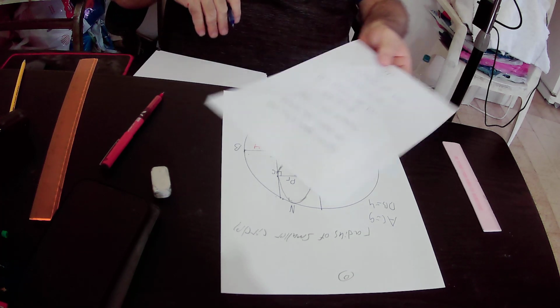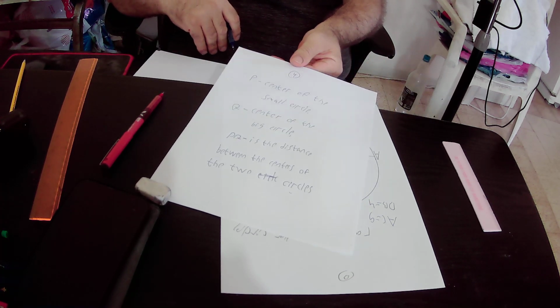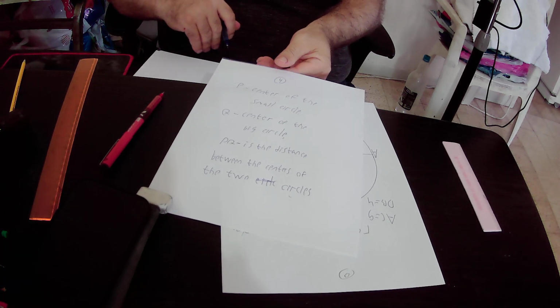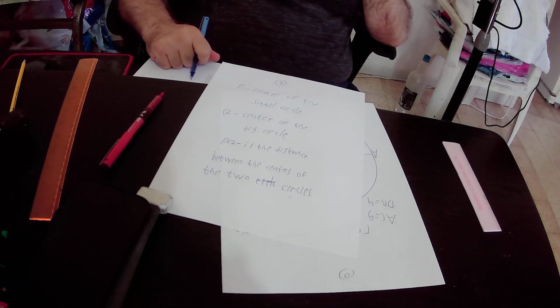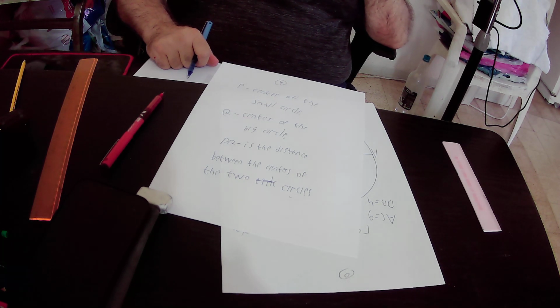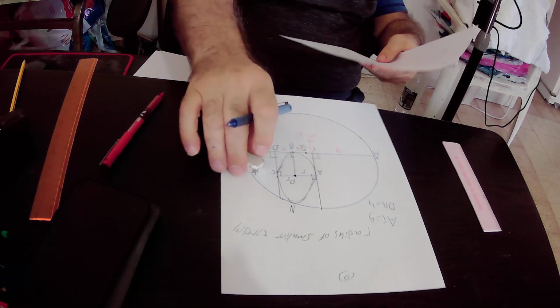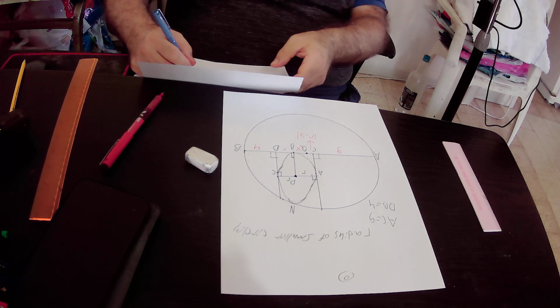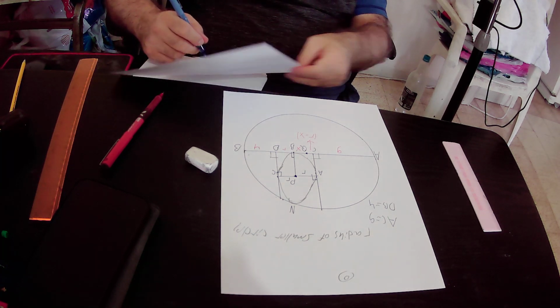P is the center of the small circle and Q is the center of the big circle.